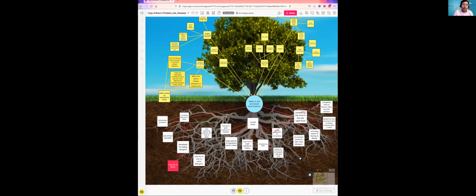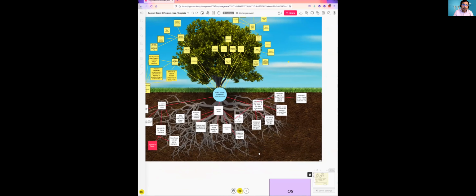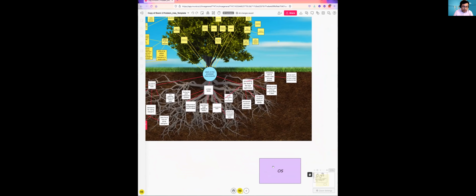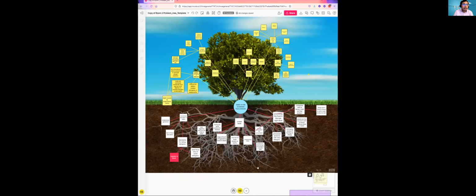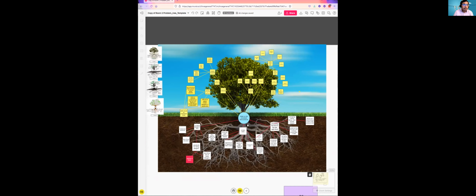And with that, they actually then went on and created a very good opportunity statement, which I think should be here. Well, it's not here at the moment. I'll come back to it in a second. But this again shows you that once you've done this, you select the problem and then you create an opportunity statement from there.